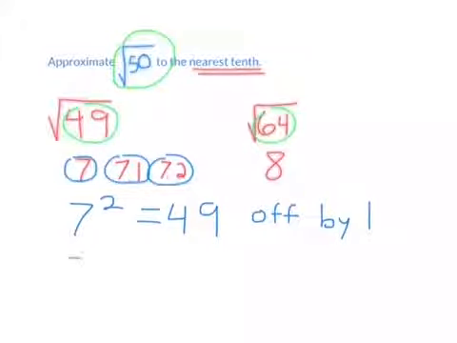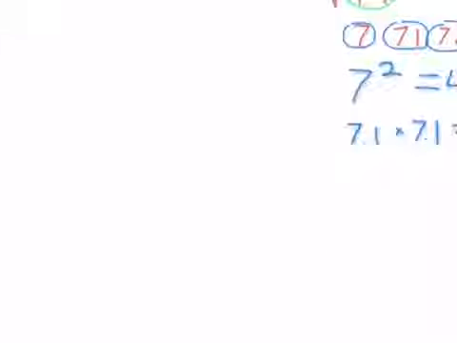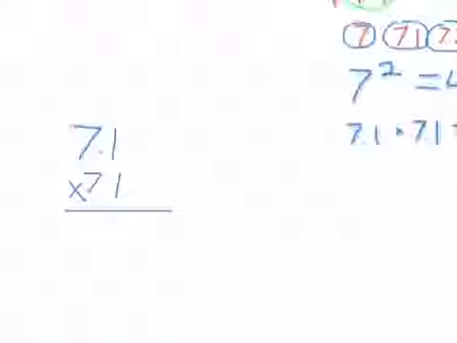Let's see if we can get any closer. And we're going to have to do this without calculators, because they won't give you calculators on this type of question on the SBAC. So next I'm going to try 7.1 times 7.1. I'll do my work off to the side. Quick review of multiplication if you forgot: 1 times 1 is 1, 7 times 1 is 7.